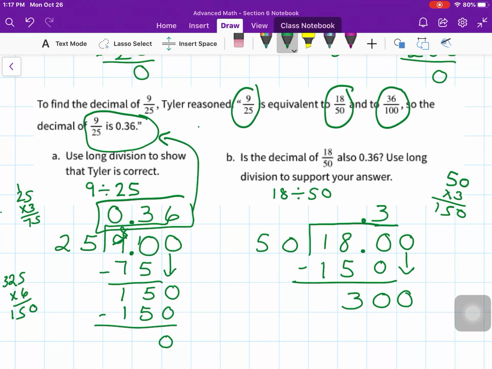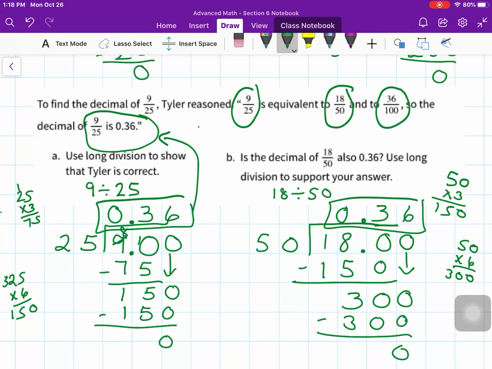Bring down because we're not quite done. And how many 50 cents can you get out of $3? You can get 6. 50 times 6, 300. Subtract, and yes, we were able to prove that the decimal of 18/50 is the same as 36/100.